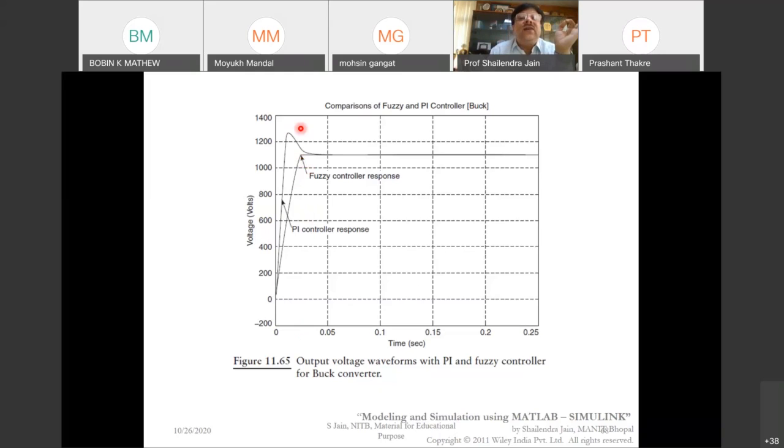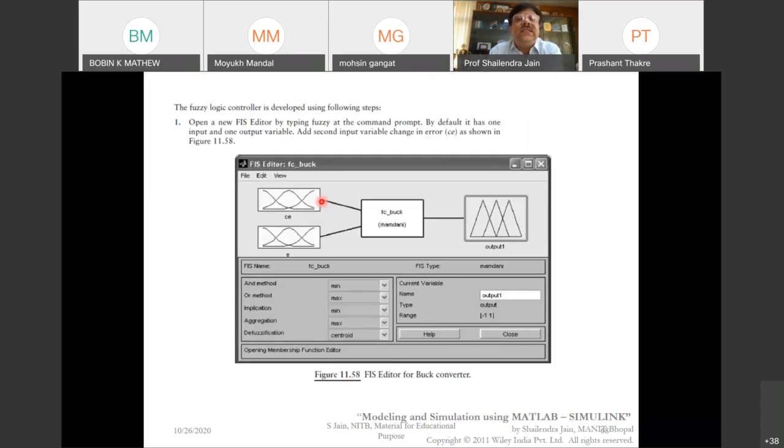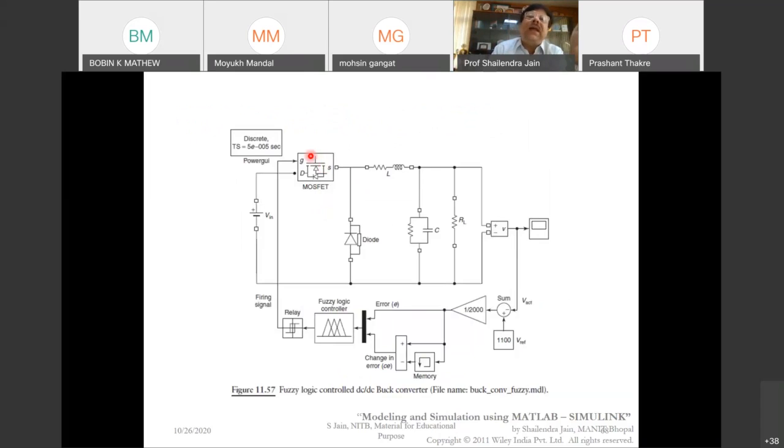So let's see, if I have to choose a semiconductor, with the PI controller my maximum voltage is going up to 1300 volt. So while selecting the rating of this device, I have to apply the safety factor on 1300 volt. Whereas in the fuzzy controller, because there is no overshoot or very little overshoot, I wanted to maintain the 1100 volt output, so the safety factor goes on that. Even then, your minimum device voltage has to withstand 1500.